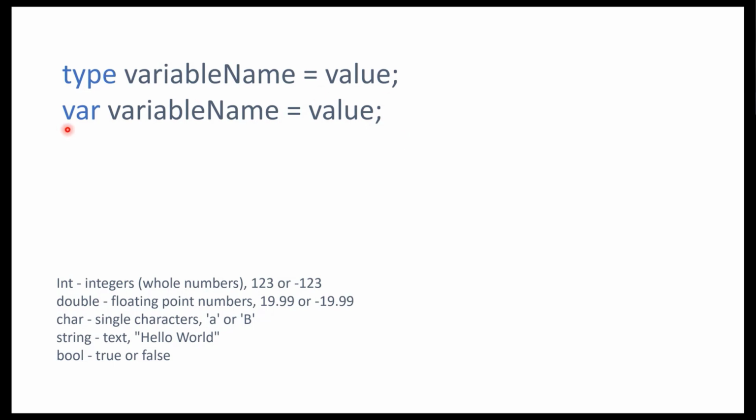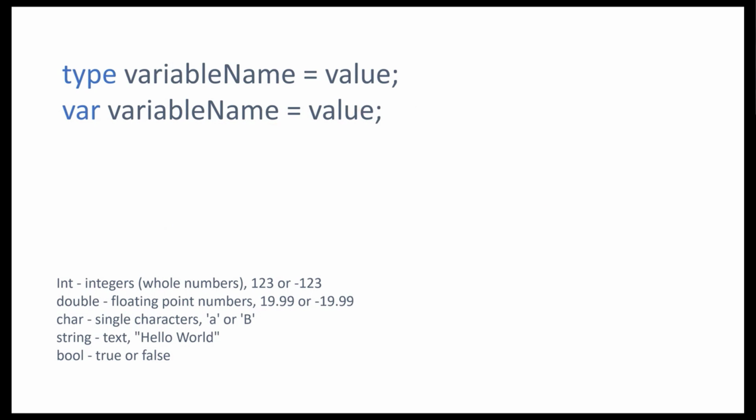So I mostly go with var for variables. So you don't have to specify the type, and your variable can be everything you want it to be. But if you want to specify the type of variable, you can just go with the typical ones like int, double, char, string, or boolean.